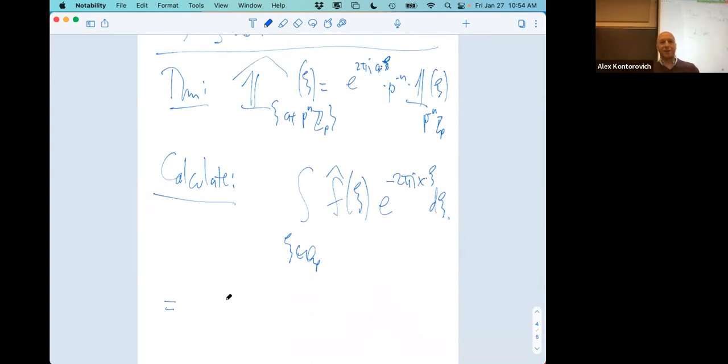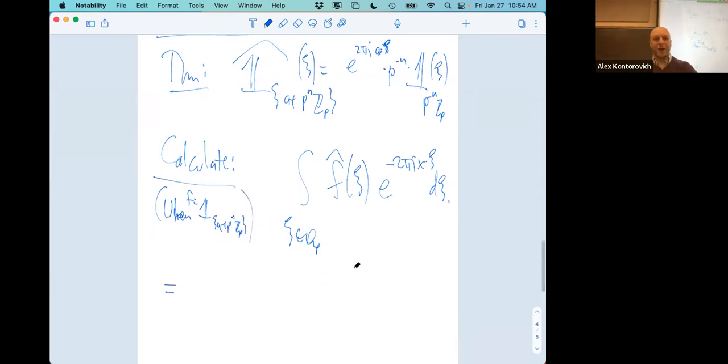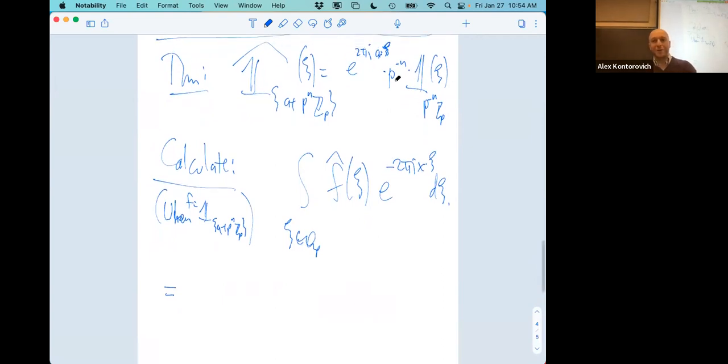Okay, so what is this? Well, we'll calculate it in the special case, which is not so special, it's the generic case, when f is the indicator function of one of these a plus p to the n Z_p. So I know what its Fourier transform is. I just wrote it down right there.